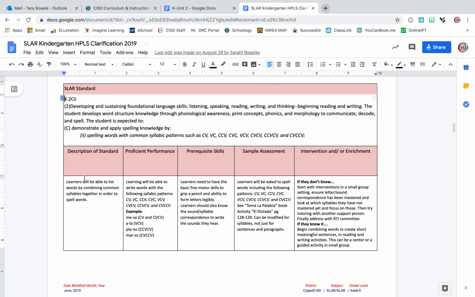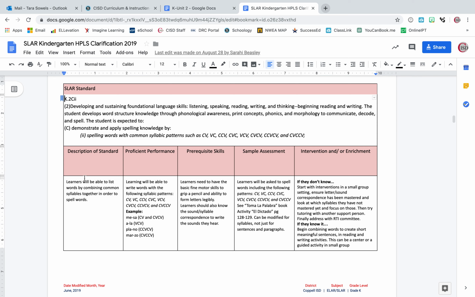I know that there's a few people that only teach in Spanish. So if you only teach in Spanish, you only need to look at the Spanish Language Arts high priority learning standards. But you also might consider looking at the English ones as well, because what has been identified as a high priority learning standard in English may also be applicable in Spanish. Not everything, but some things are.